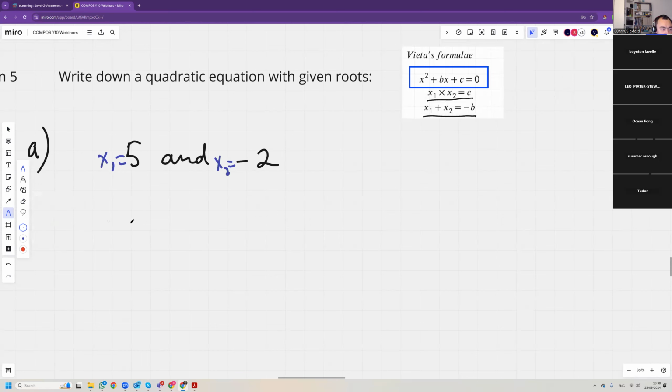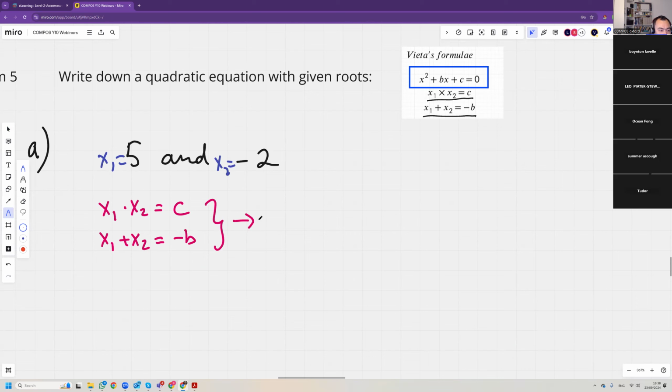So here, x1 multiplied by x2 is going to be c, right? And x1 plus x2 is going to be minus b.